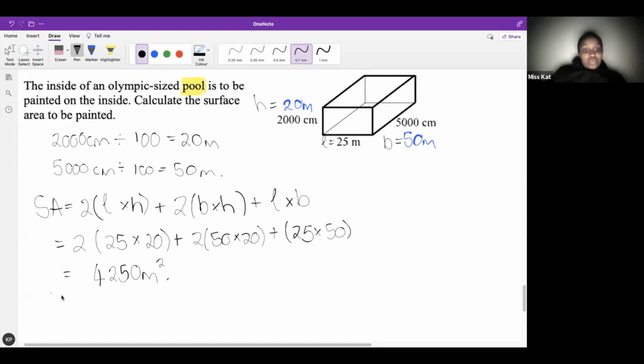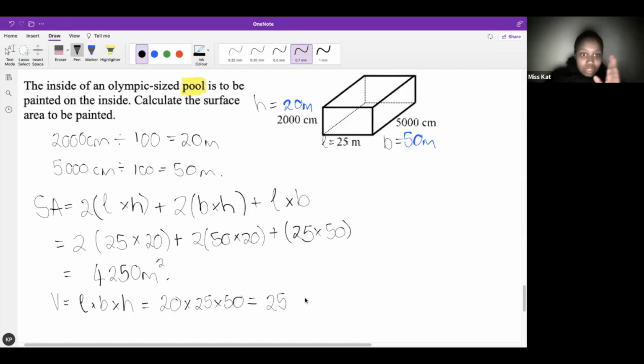We start with volume, which is length times breadth times height, and that'll give us 20 times 25 times 50. How much is my volume, guys? And I want the units as well. This is an Olympic pool. It is 25. Me and reading numbers.